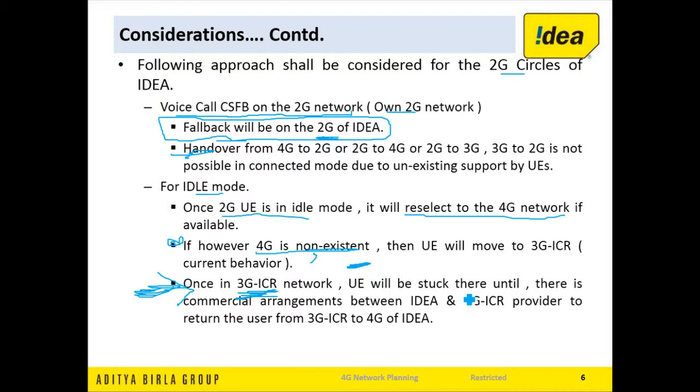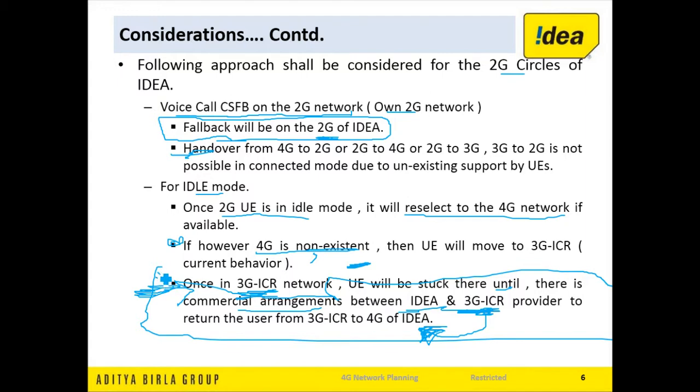However, for lack of a commercial arrangement, it did not get implemented. It is now time to get these arrangements in place, so that if any Idea user is in a 3G ICR zone, he is able to go back to the 4G of Idea. This will require some configuration by the 3G partner in their network.